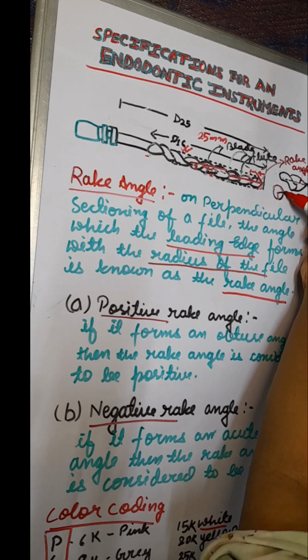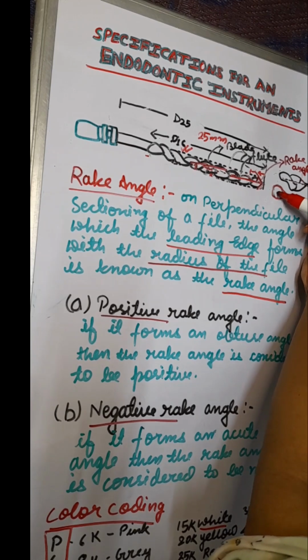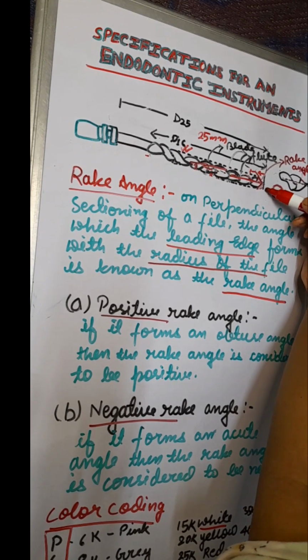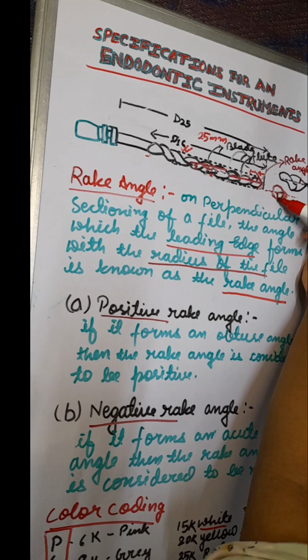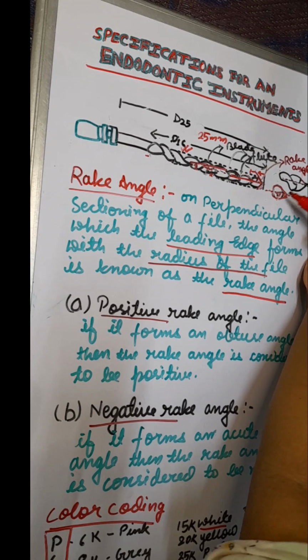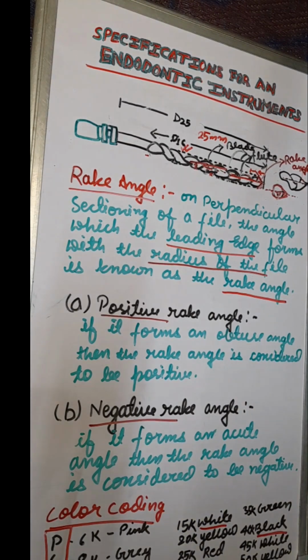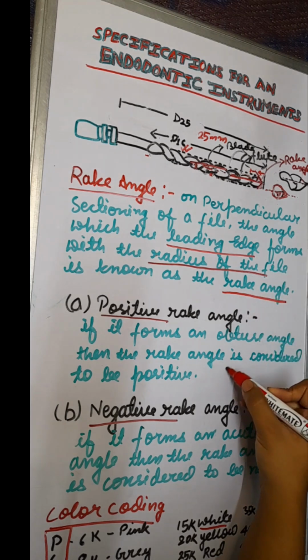So, this is the file, the file could be like semicircular or circular, and this is the radius of the circle, and this is the perpendicular sectioning of the instrument. So, the angle which the radius of the cross section of the instrument forms with the long axis of the instrument is basically the rake angle. So, it could be like positive or negative.